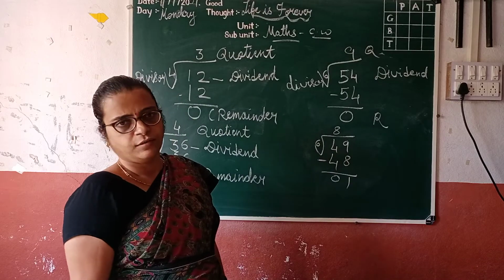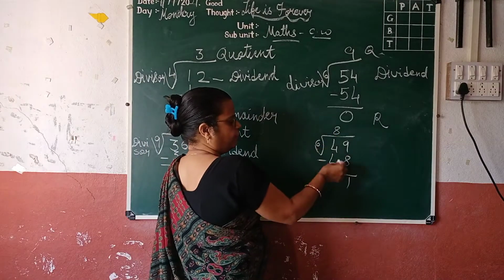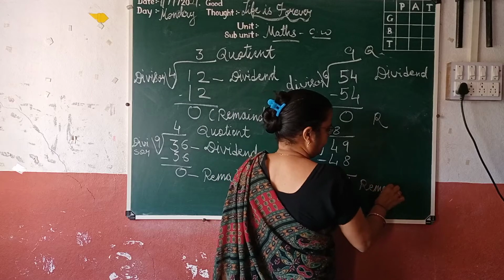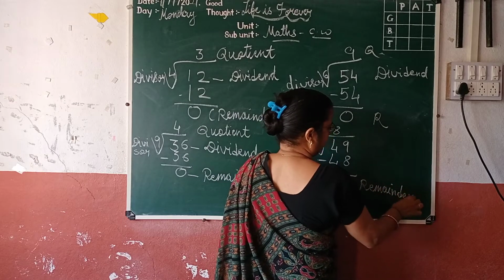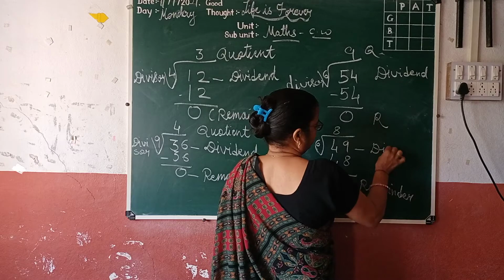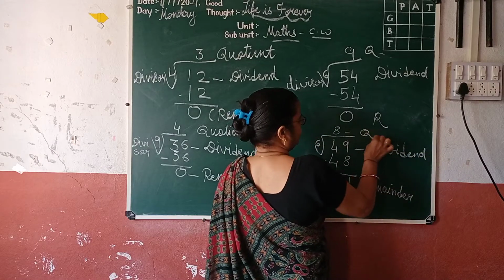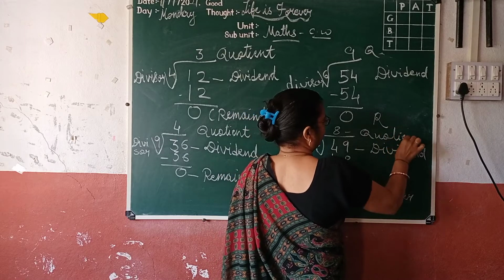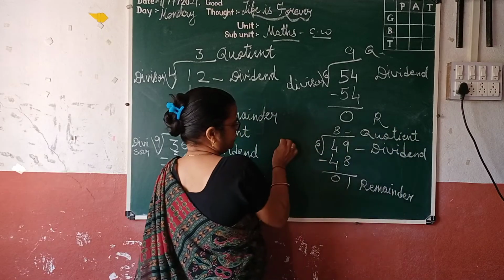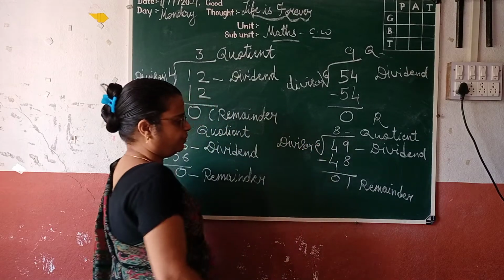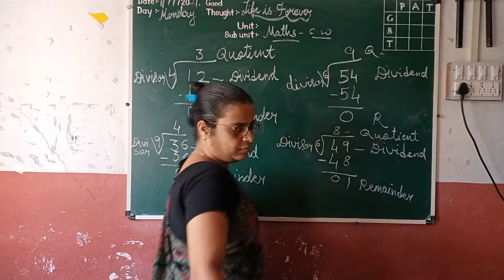So what is the answer? See here, 6 8s are 48, remainder 1. So 1 is the remainder. This is the dividend. This is the quotient. And 6 is the divisor. So your remainder is 1.